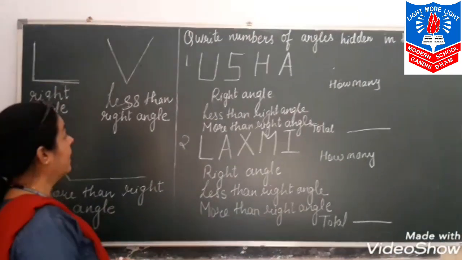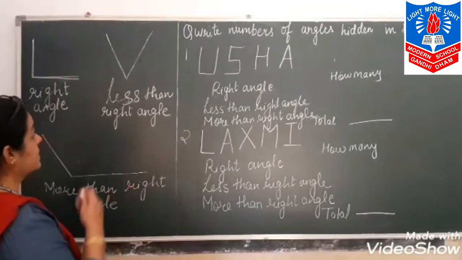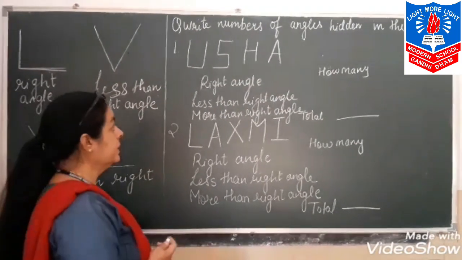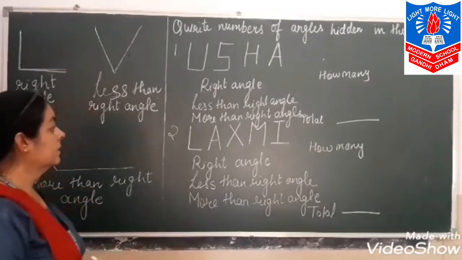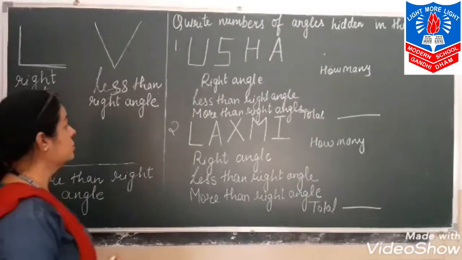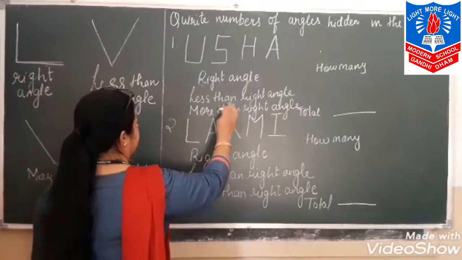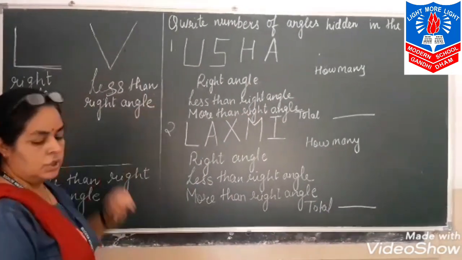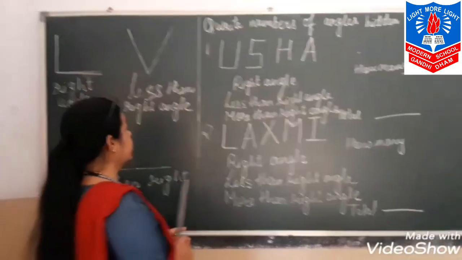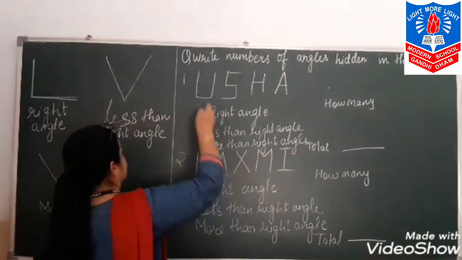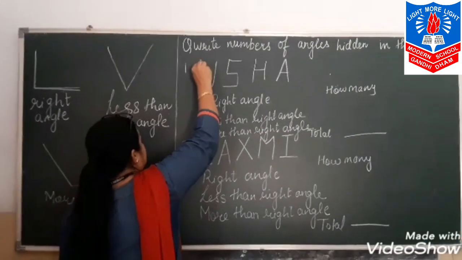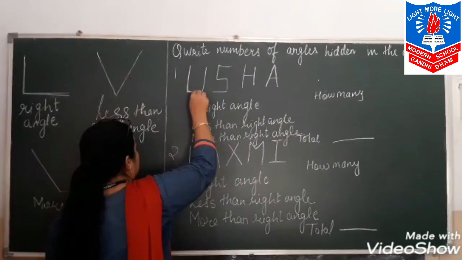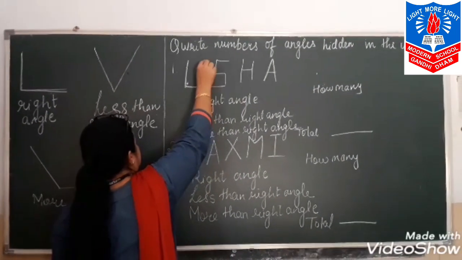Then I see this exercise, write the numbers of angle hidden in the words. Here we count right angle, less than right angle, more than right angle in this figure. First see, here to here. See here, 1, here is an L shape, so it is a right angle.